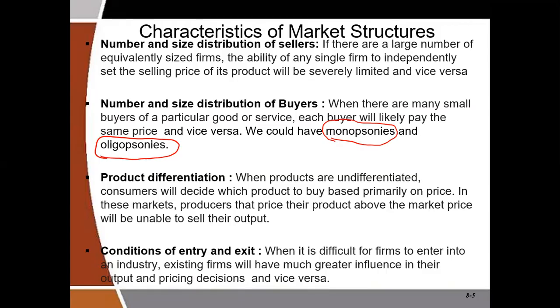The next one is the conditions of entry and exit. When entry and exit barriers are high, it will not be easy for other firms to enter the market. So in an industry with very high entry and exit barriers, it's likely that there will be few firms, and those few firms can monopolize the market.